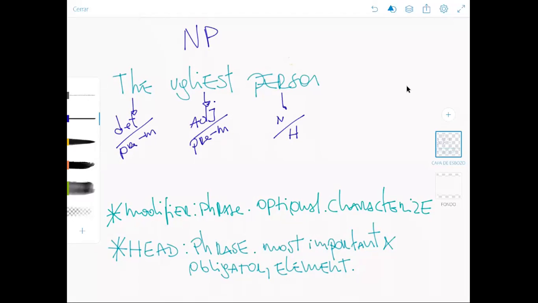Y expliqué el proceso en el cual determinamos el head de una frase cuando preguntamos por la palabra más importante y obligatoria, a través de la cual el resto de ella funciona, y luego explicamos cómo se realiza el análisis de una frase a través de la aparición de modifiers. En este caso, como están antes del head, solo son pre-modifiers.